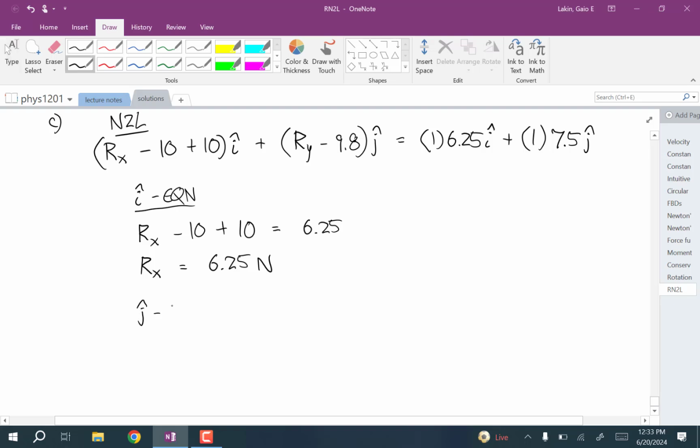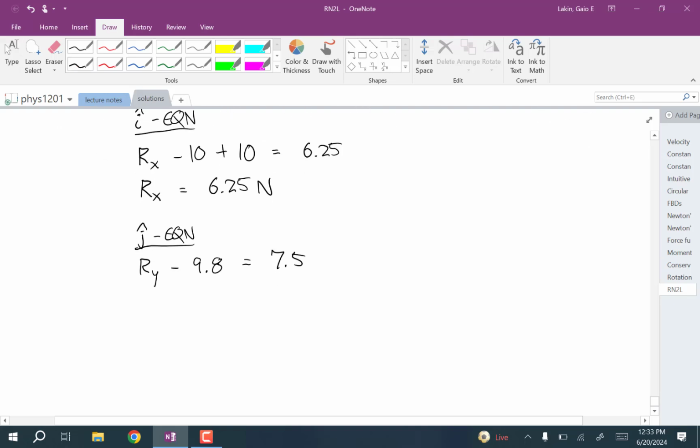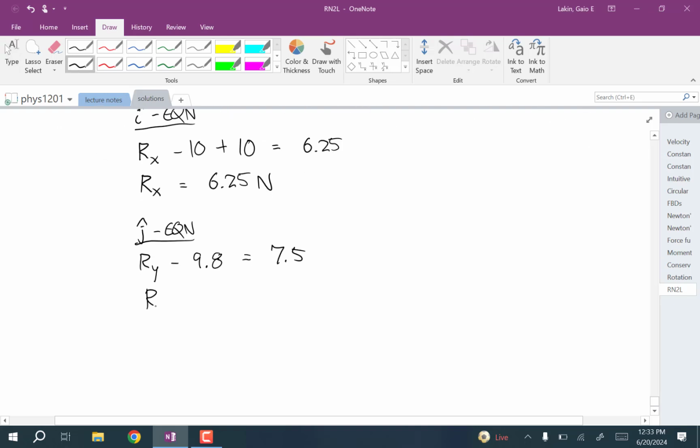Now we'll go to the j equation, and that says Ry minus 9.8 is equal to 7.5, and so Ry is equal to 17.3 newtons. Now, if you've taken the signs into account like you should, what you get are the directions of these components.